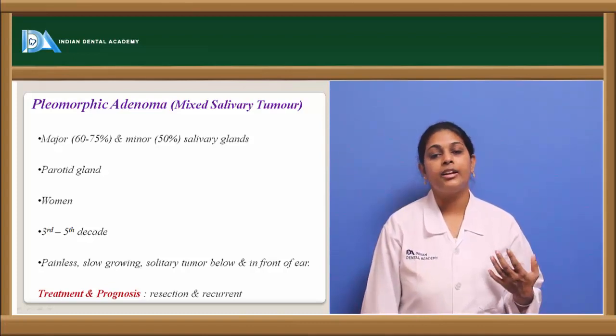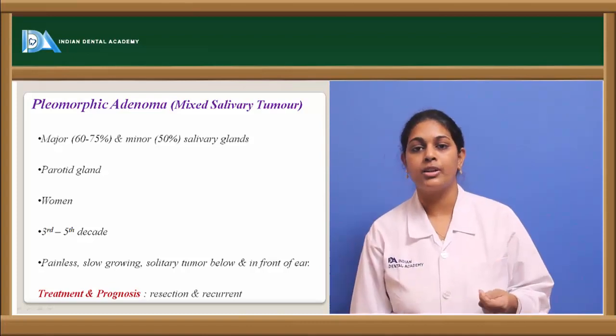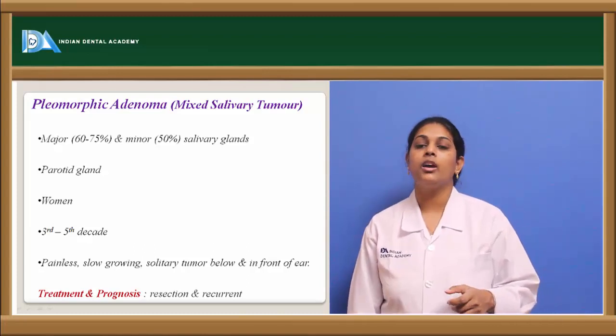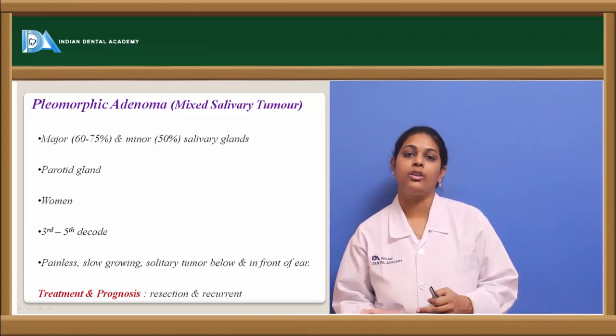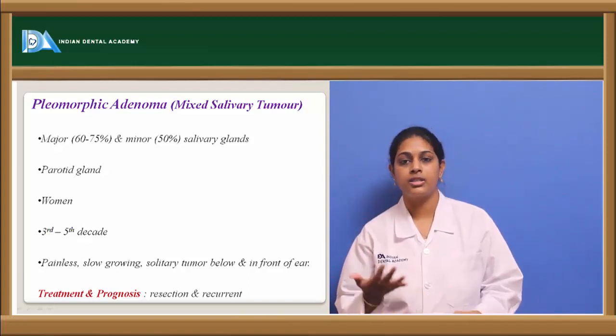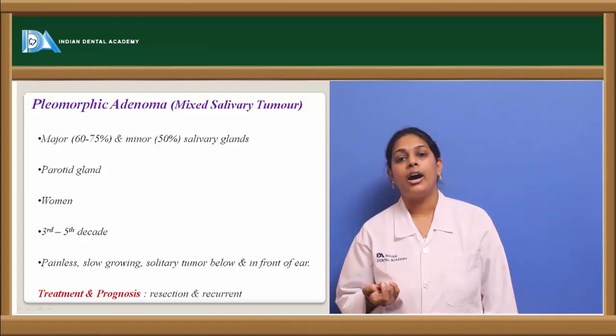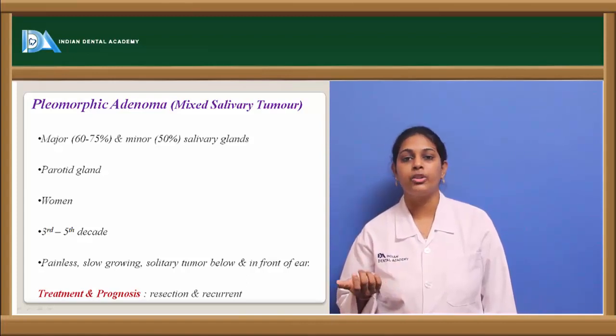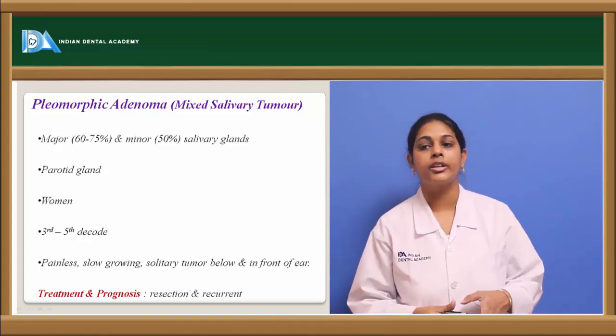It occurs as a solitary tumor, that is, a single swelling within the oral cavity. If it involves the parotid gland, it is seen as a solitary swelling just before the ear, at the tragus.